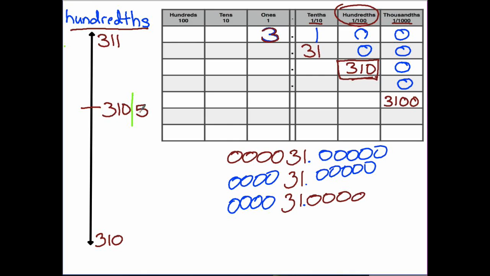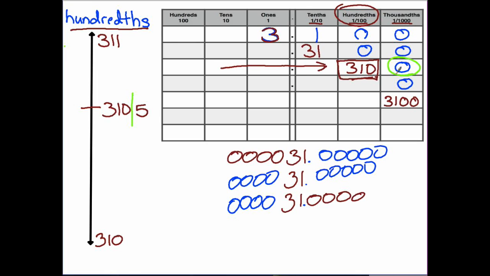So how many thousandths do you think I might have after that? My class, you need to pay close attention because this is all new. 5 thousandths. Because I'm not completely to the hundredths place yet, am I? I'm only halfway there. 5 thousandths.